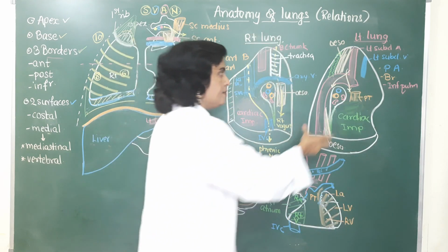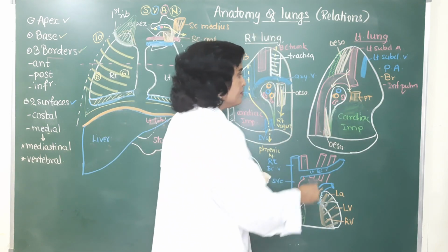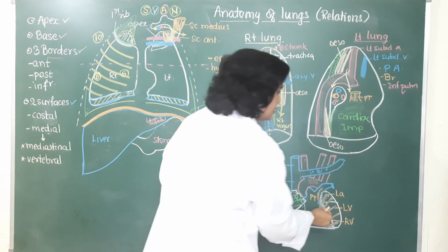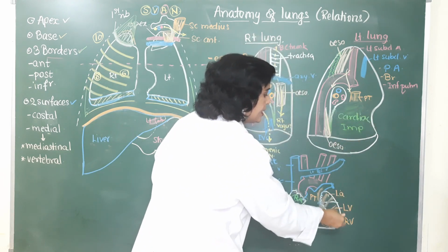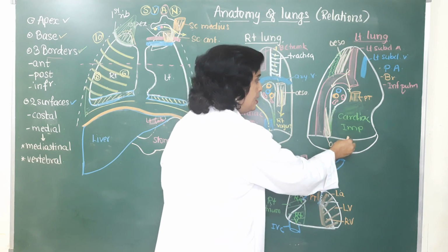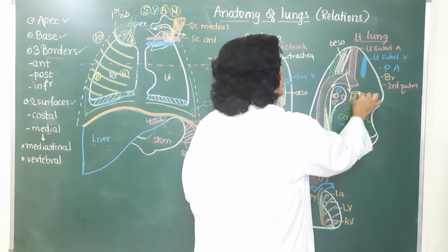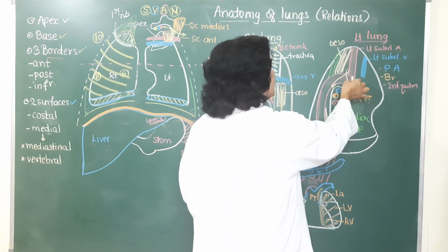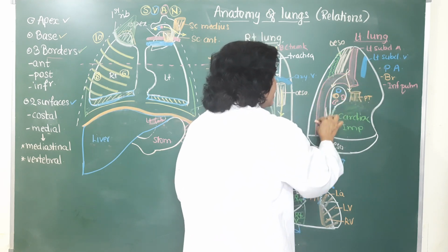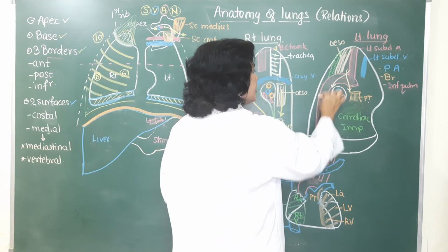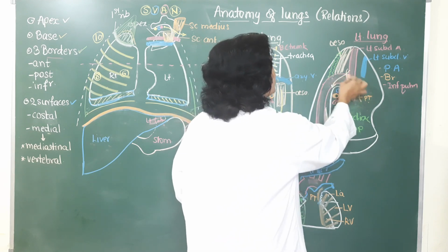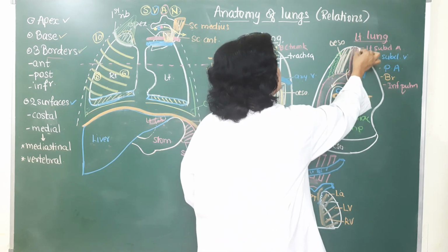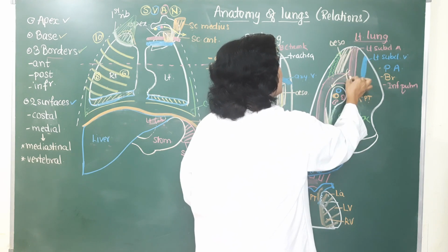If we revise the mediastinal surface of the left lung, the cardiac impression is related to the left auricle, left ventricle and part of the right ventricle. Just above that you get a vertical groove for the pulmonary trunk. Above the hilum you get the arch groove for the arch of aorta, which continues down in the vertical groove that lodges the descending thoracic aorta. From the groove for the arch of aorta, one groove passes upwards towards the apex, and it lodges the left subclavian artery.